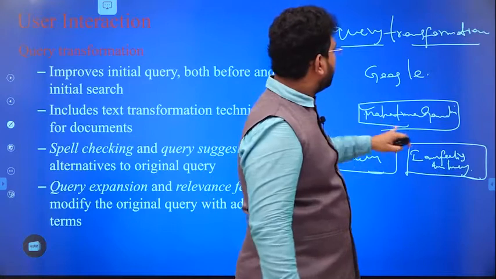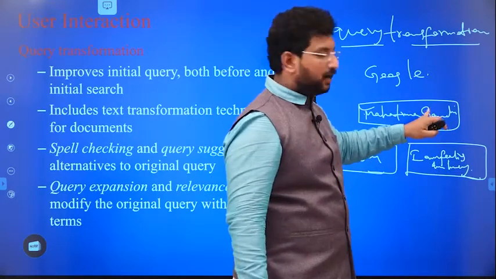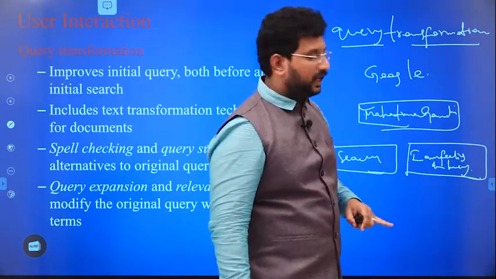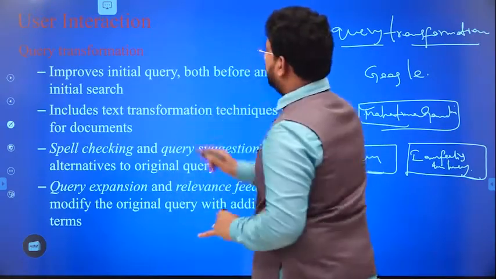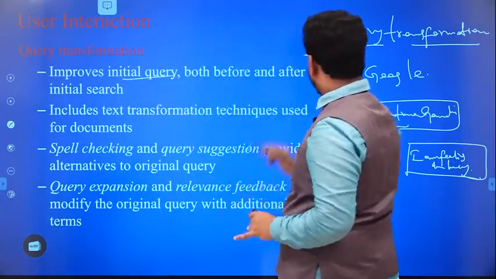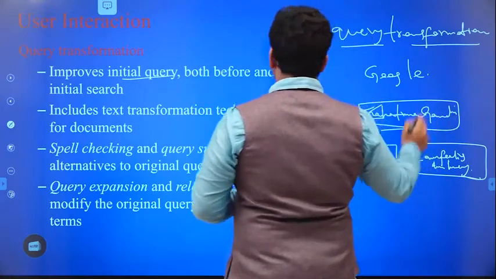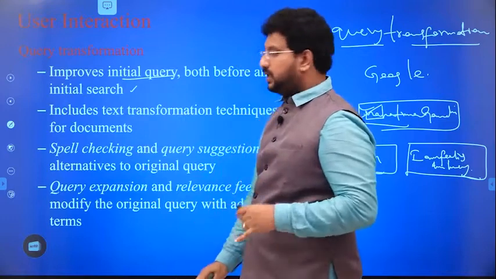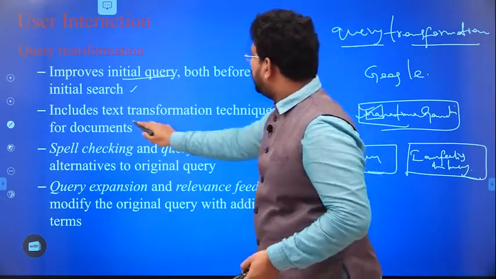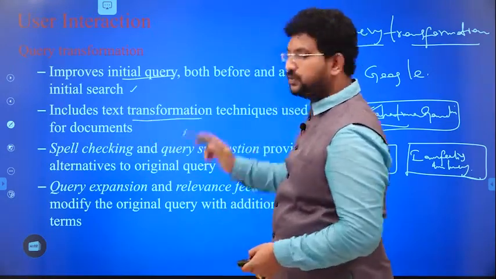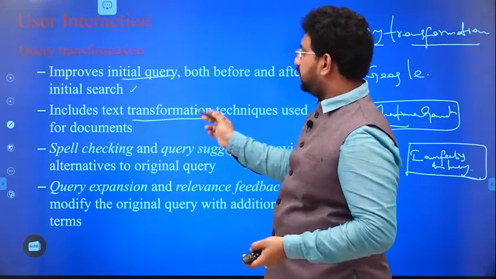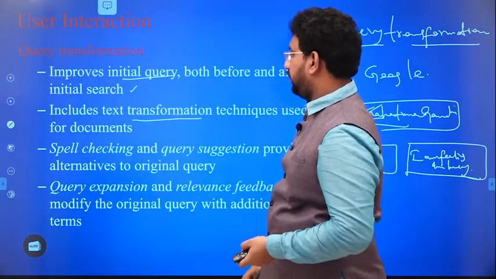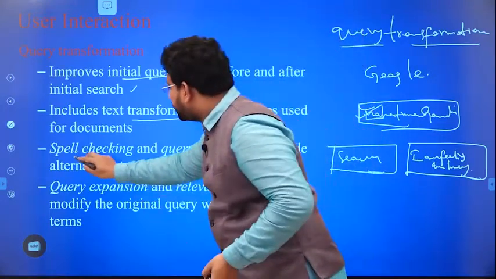So that's about Google. The information is going to identify about the Mahatma Gandhi. Here it improves the initial query. So this is the initial query you have given, that will be improved, both before and after initial search, which includes text transformation techniques used for the documents. Next, spell checking.